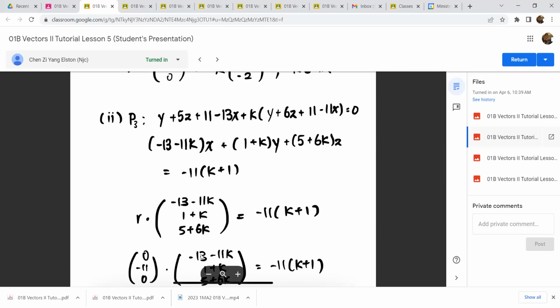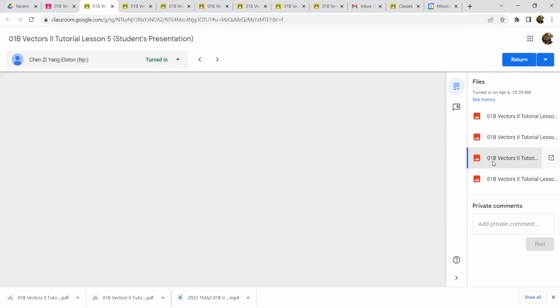So if you want to properly present the way you're checking, then what you should say is: substituting (0, -11, 0) into the equation of the plane, next line, left-hand side equals to that thing. Then you proceed to evaluate the scalar product, continue the next line.